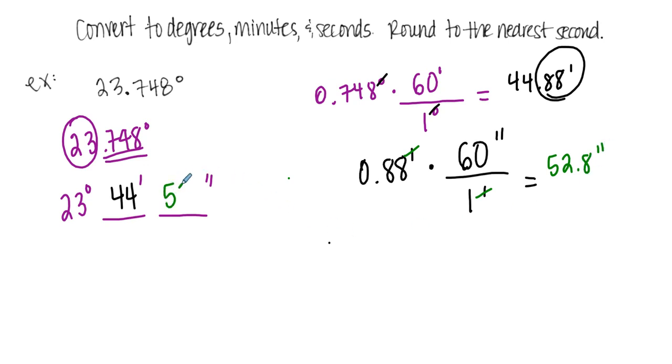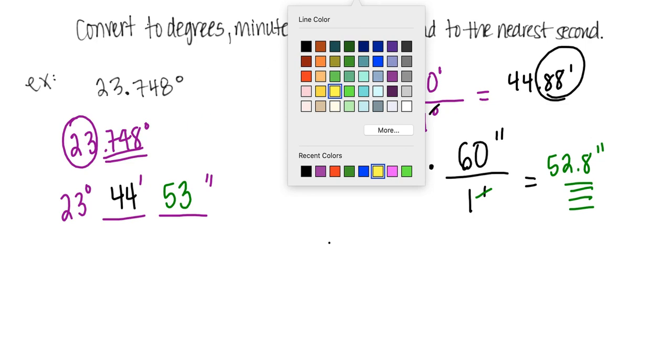So that's going to be 53 seconds because we don't want any more decimals. So we're going to round appropriately, and this rounds 52.8 up to 53, and that's how we get our answer.